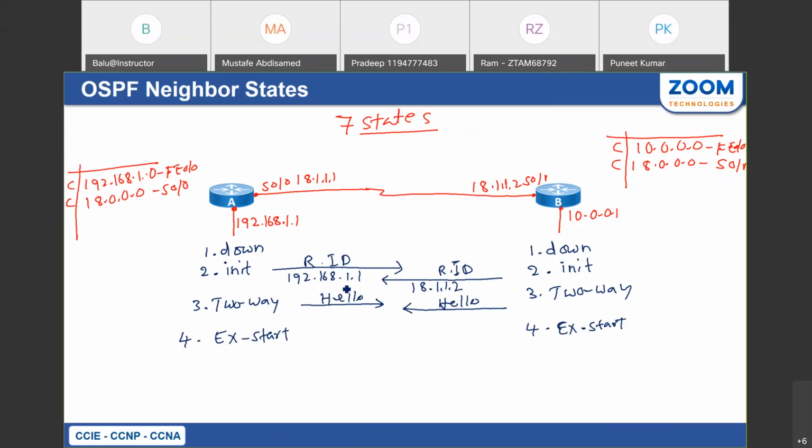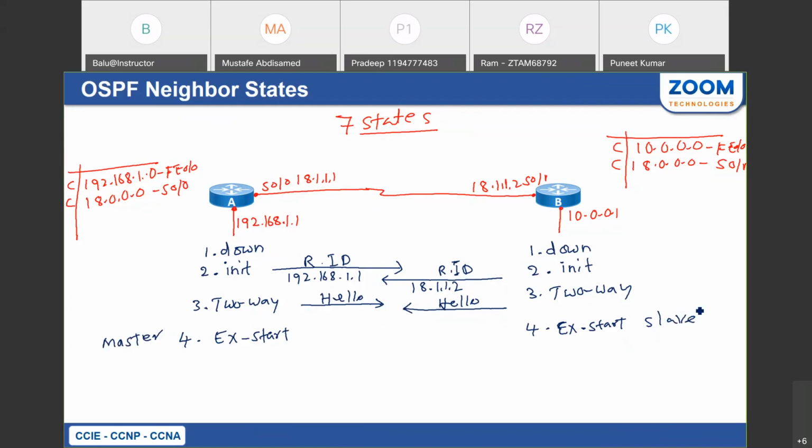Router A's router ID is 192.168.1.1. B's router ID is 18.1.1.2. Out of two routers, which is the highest router ID? Router A. So router A is the master, and router B is the slave. Now you tell me, guys, what exactly happens in the fourth state of OSPF?